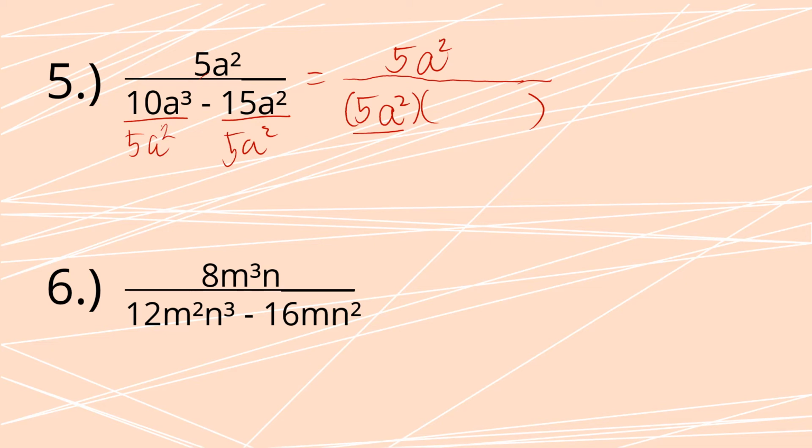So, 10 divided by 5, so that will be 2. Kay a cubed, kumuha ko ng a squared, so may natirang isang a. Minus 15 divided by 5, that is 3. Si a squared, kinuhanan ko ng a squared, so wala nang natira.